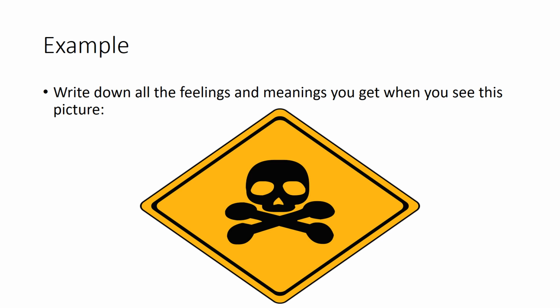However, that's the denotation of the picture. The connotation of the picture is danger, because we know that this symbol means danger. Yet, a skull and two bones have nothing to do with the actual fact of danger, but the connotation of putting them together gives us the symbol danger.